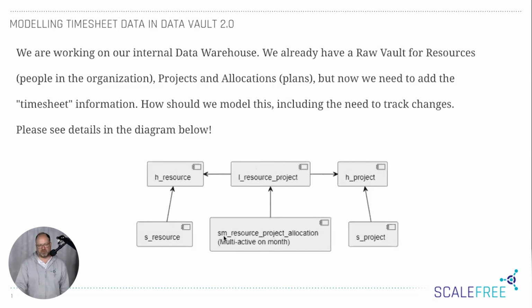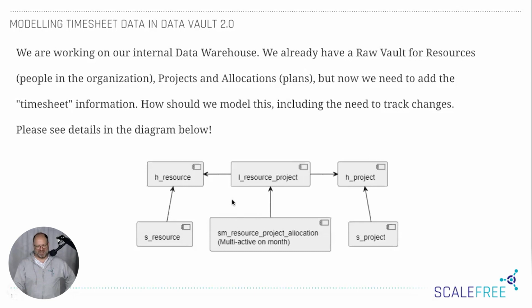And this looks like a multi-active satellite. Oh yeah, multi-active. So in this case, you also want to have an effectivity satellite from when to when a resource is allocated to a project, or at least keep track of the physical deletion of the assignment essentially. What if in the source system these resources just get not assigned anymore to the project? The record gets removed. The foreign key is now null or something, that kind of stuff. Okay, so just be aware the effectivity satellites might be missing here.